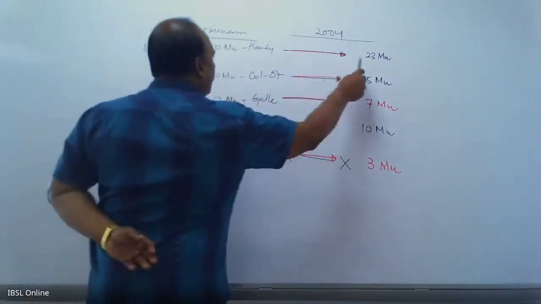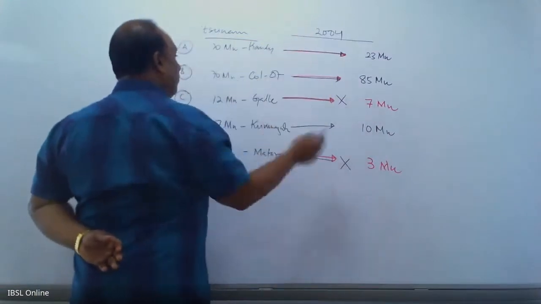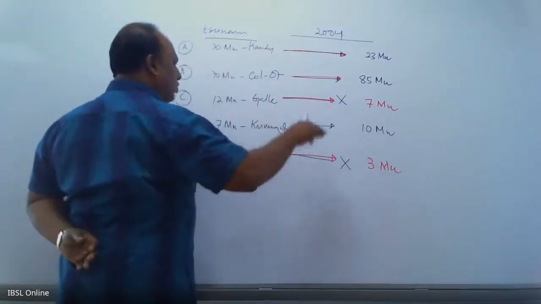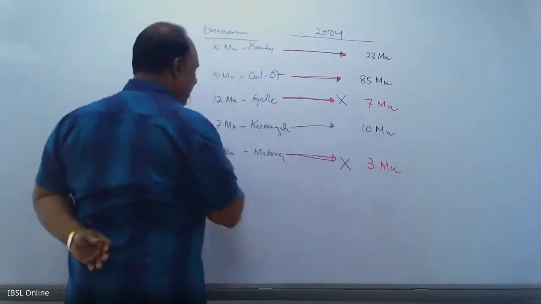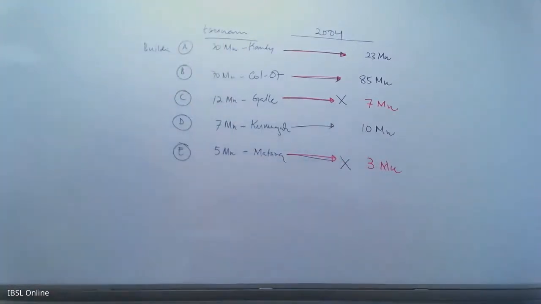For Kandy, 20 to 23 million, which means the building value has gone up. 70 to 85, 15 million has gone up. 12 million to 10 million here, which means the value has come down. Kurunegala value has gone up by 3 million. Matara value has come down by 2 million. Now, what does this say?